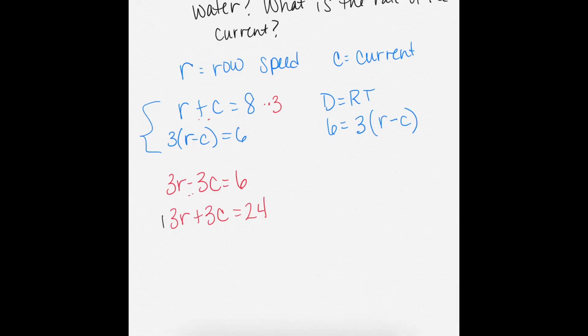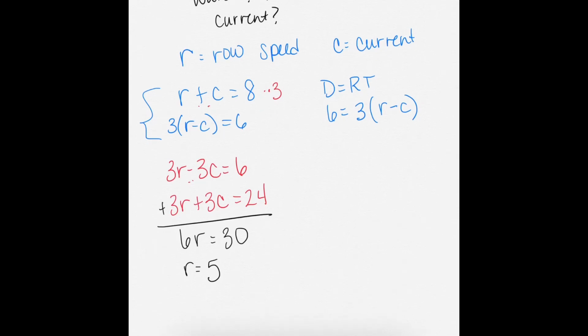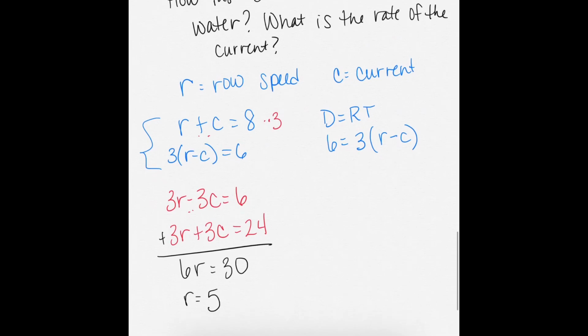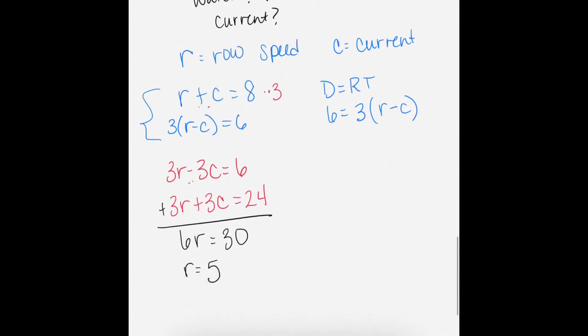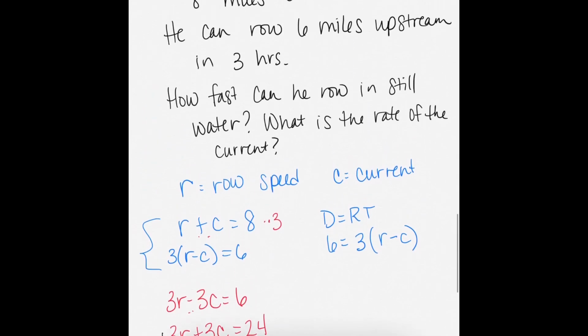Then I'm going to add them together. That'll give me 6r, the c's cancel, equals 30, and r will be 5, which makes that the speed of his ability to row. His rowing speed is 5 miles per hour.